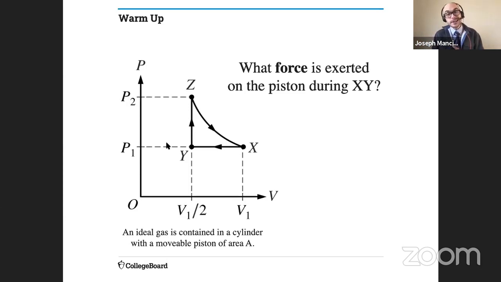So it's quite likely that you're going to encounter a question that relates your knowledge of thermodynamics and maybe knowledge that you associate with fluids. So force is pressure times area. And from this graph, I see that the pressure in process XY is always equal to P1. So the force is P1 times the area.